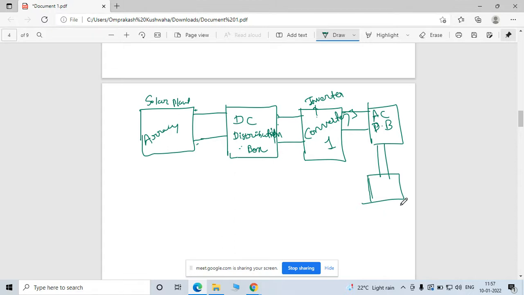Here CT and PT are available; you can say this is a measuring instrument. Now this is further connected to the generation meter.